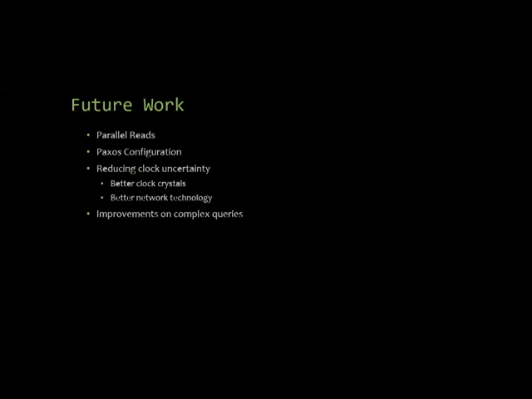The last thing they talked about was improvements on complex queries. One thing we didn't talk about earlier was that a lot of what this is relying on is that there's only a few keys when it's doing its search. So when you do a search on Google, it only uses a couple of the keywords to decide which advertisement to put on the banner.